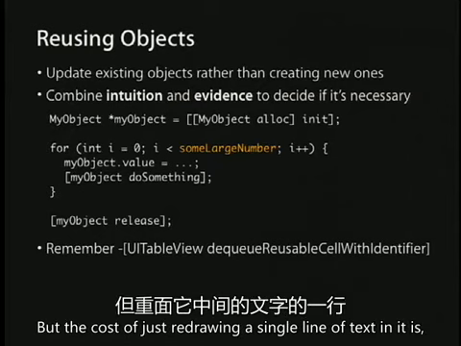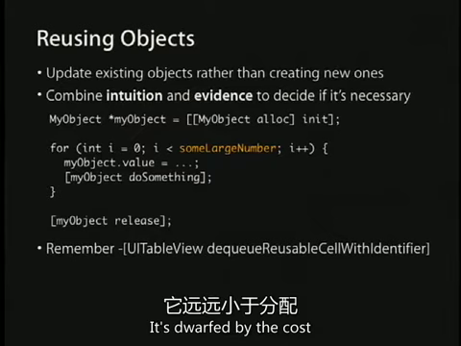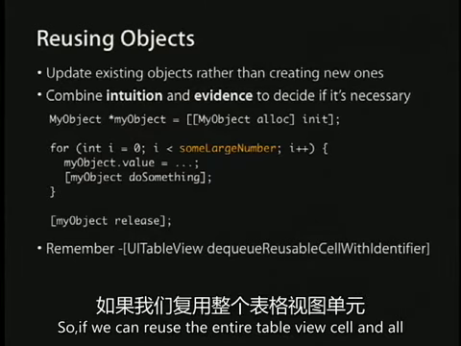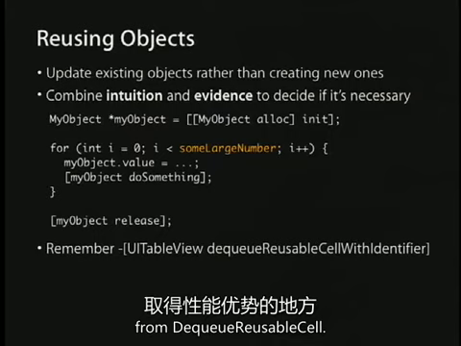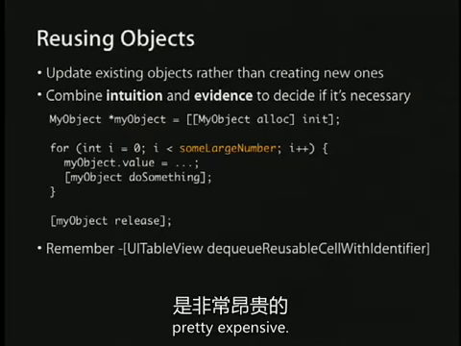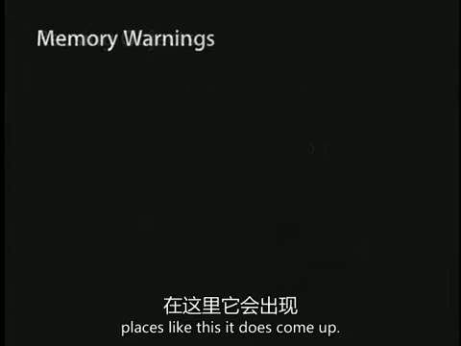But the cost of just redrawing a single line of text in it is not very much. It's dwarfed by the cost of allocating the entire cell hierarchy itself. So if we can reuse the entire table view cell and all of its subviews and just redraw a line of text in it, that's where we get the performance win from dequeueReusableCell. It's really the creation of that object that's actually pretty expensive. So not the most common case, but in places like this, it does come up.